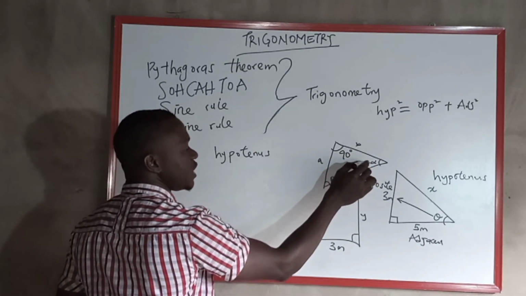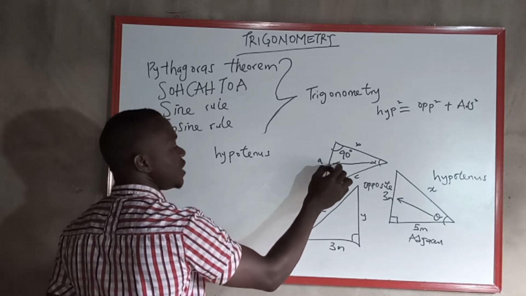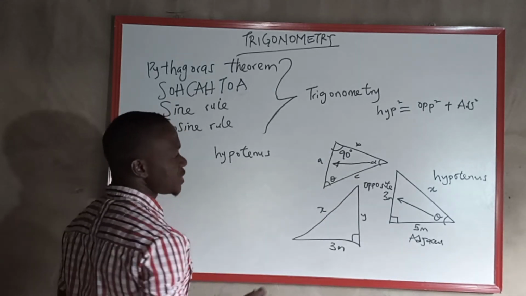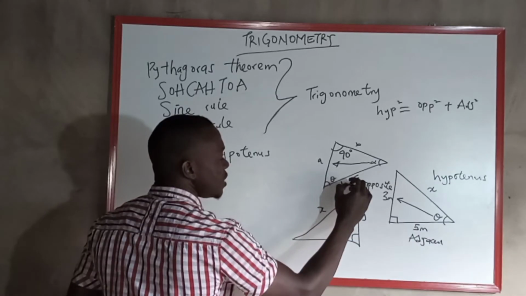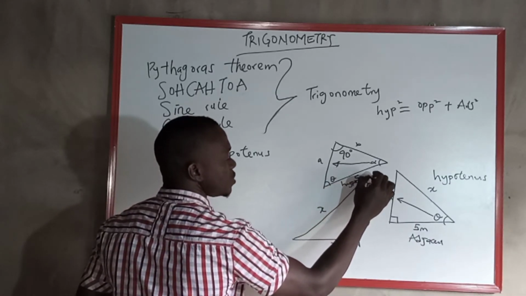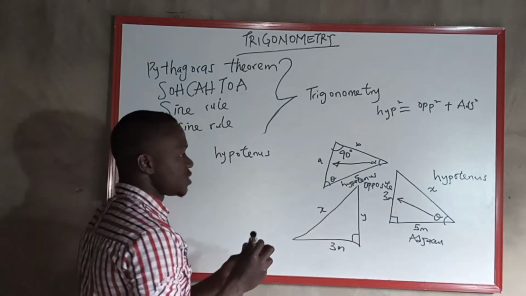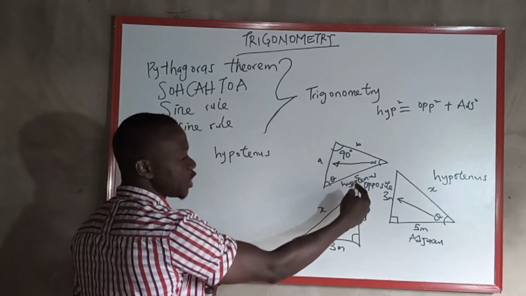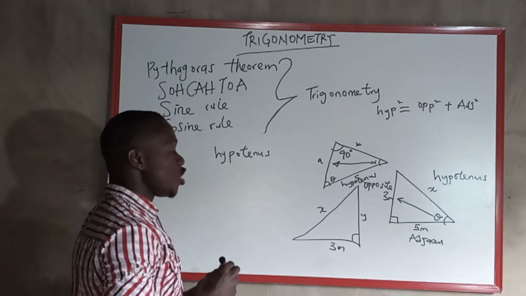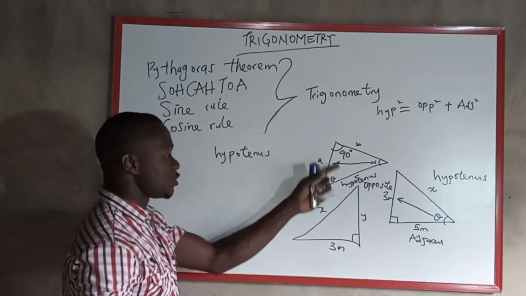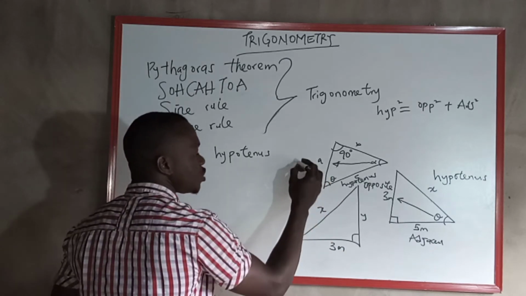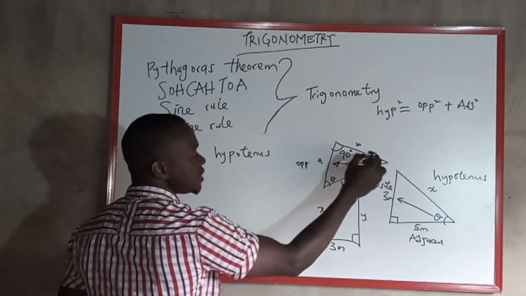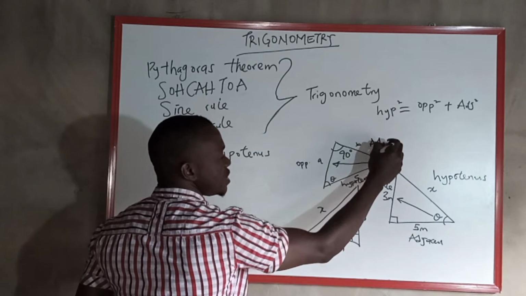If I draw a straight line from alpha here, automatically the longest side is the one opposite the 90 degrees, which is our hypotenuse. So always the side opposite the 90 degrees is the hypotenuse. Then the opposite is the side opposite the angle which you are considering, and the last side is always the adjacent.